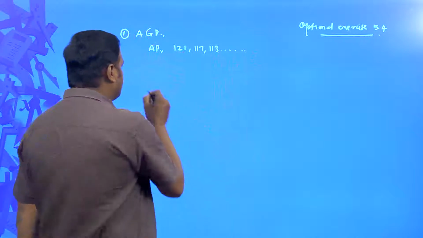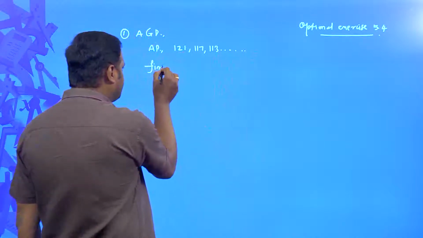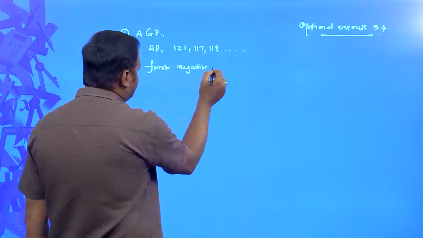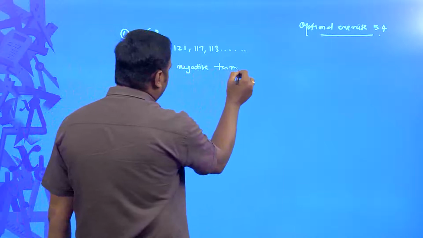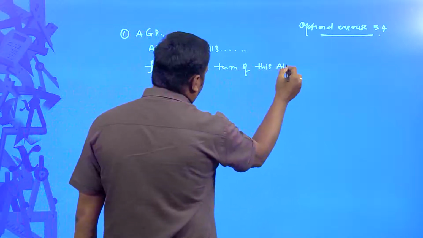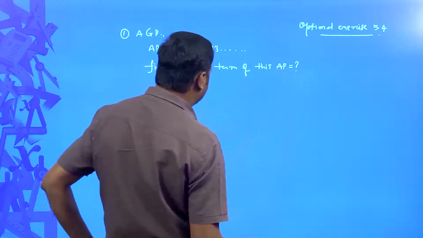Okay. So what is the first negative term of this arithmetic progression?